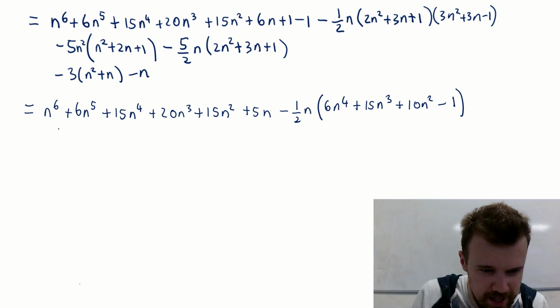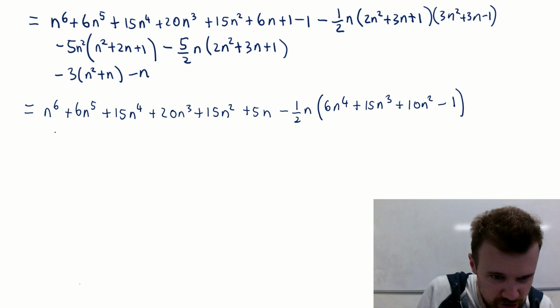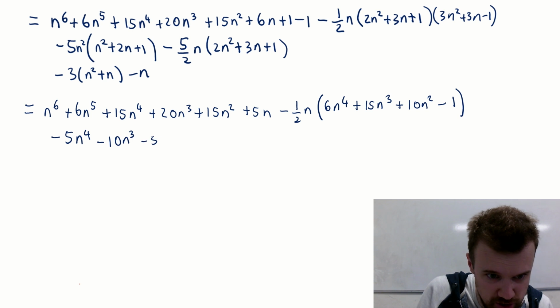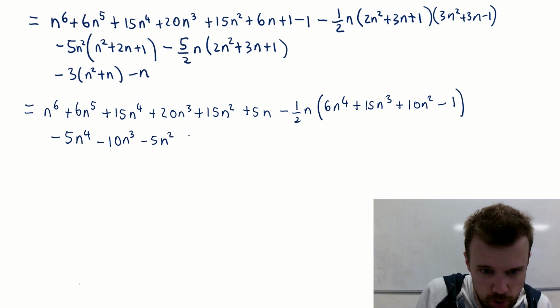We've also got the minus 5n squared multiplying out there, so it'll get us a minus 5n to the power of 4 minus 10n cubed minus 5n squared. We'll deal with the minus 5 over 2 in a bit, because we've got something less nice to deal with there.